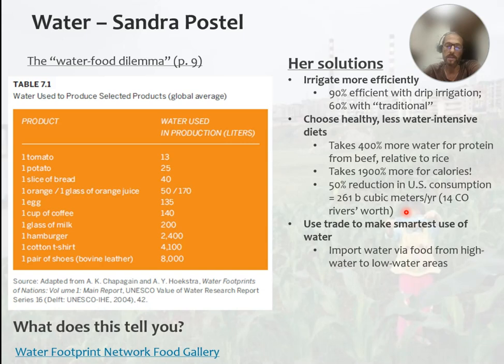Another solution she has is to use trade to make smart water use decisions. And I think this is interesting. If you have a country like, let's say, parts of Southeast Asia, where you have a lot of rainfall, it's really wet and moist there, so you can grow some more water intensive crops there.